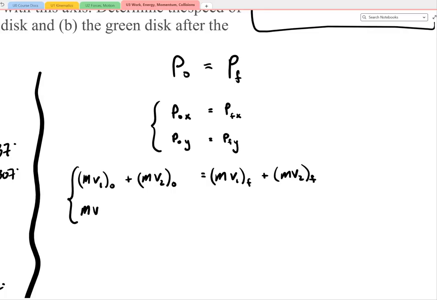Then mass times velocity 1, and I should be clarifying this, in the y direction. So this was 1 in the x direction, and these were all in the x direction up here, so I need to be clear. Mass times velocity 1 in the y direction, initial, and so on. So mass times velocity 2 in the y direction, initial, and we'll continue.